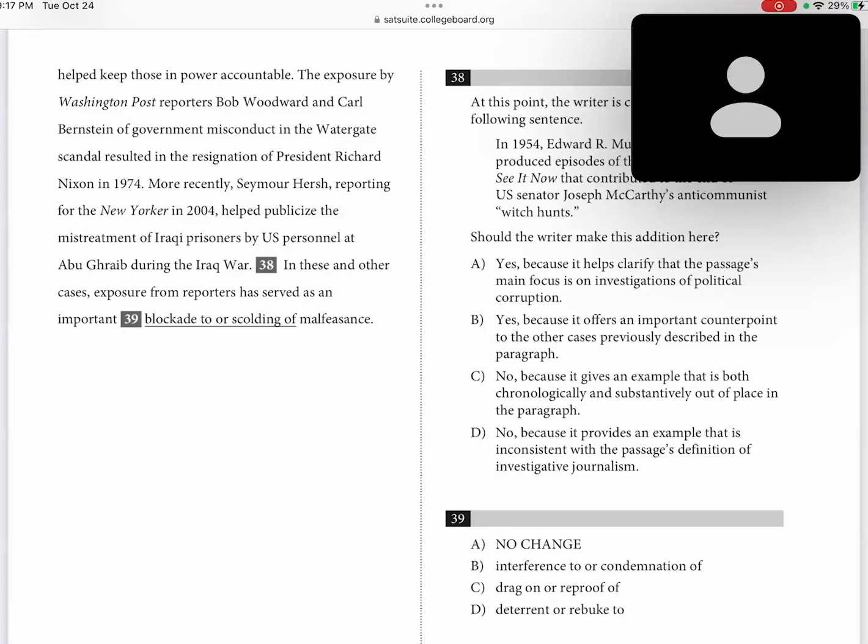Is it no change? Yeah, that's what I was going to say too. This one's kind of weird. Really tough.